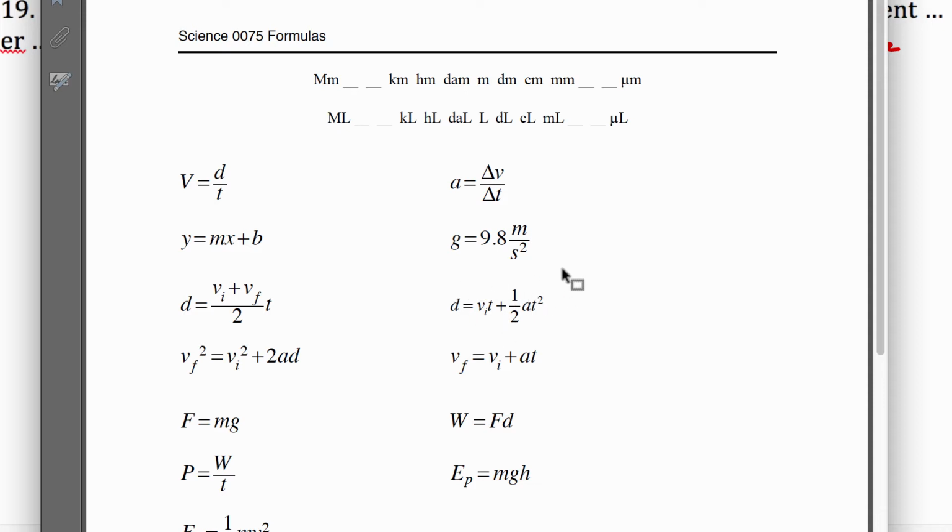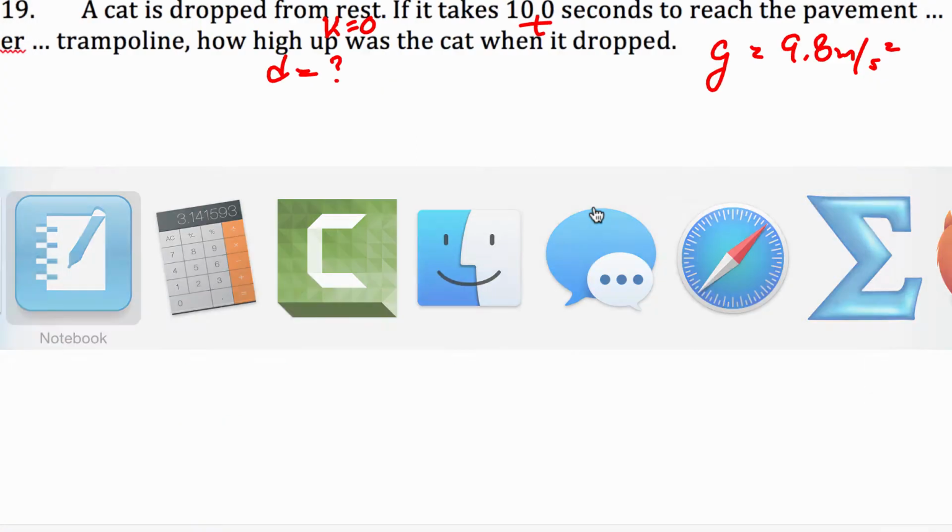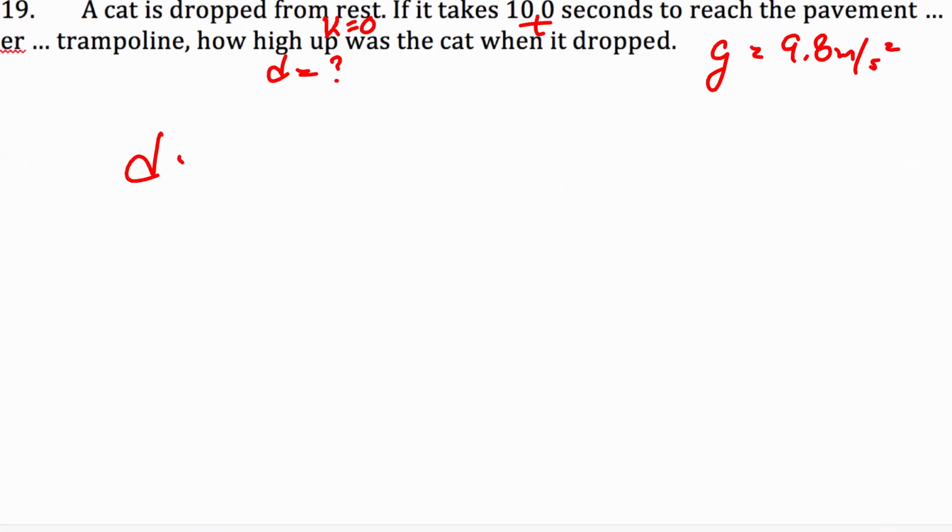Okay, so D equals... where am I? Here we go. D is equal to VIT plus 1/2 AT squared.